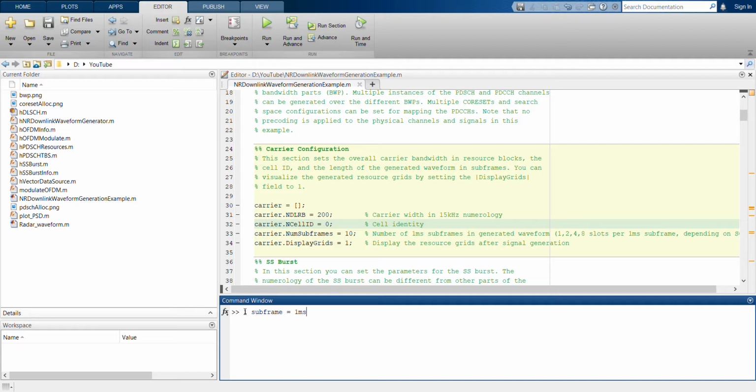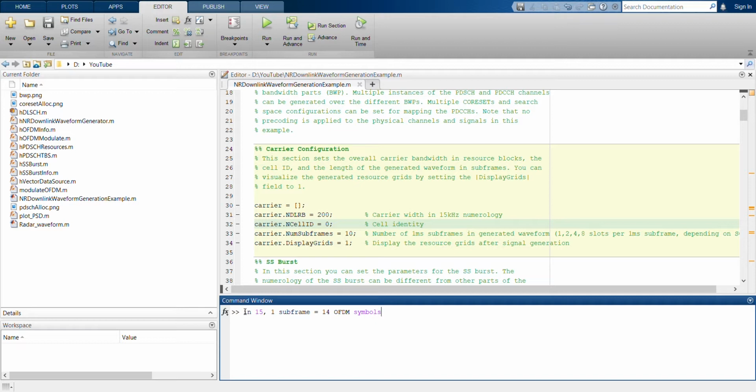So in 1 millisecond you transmit one subframe, and in 15 kilohertz, one subframe corresponds to 14 OFDM symbols.